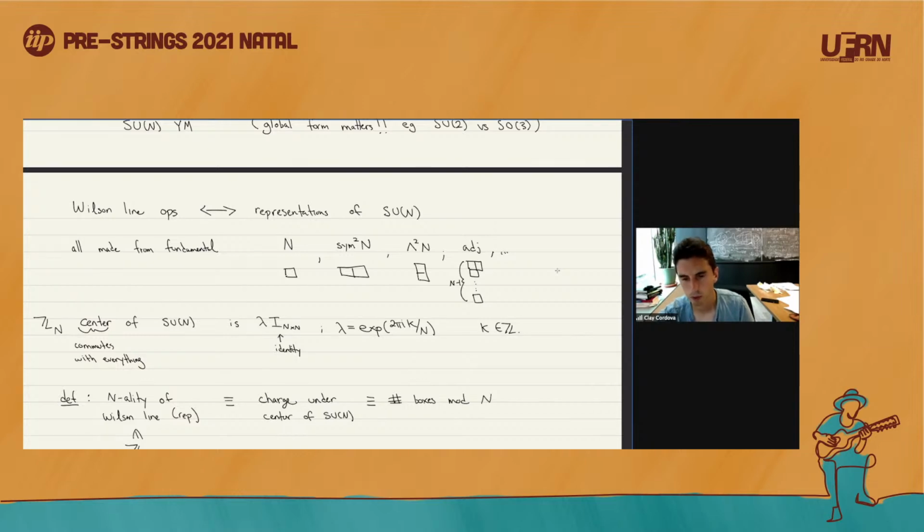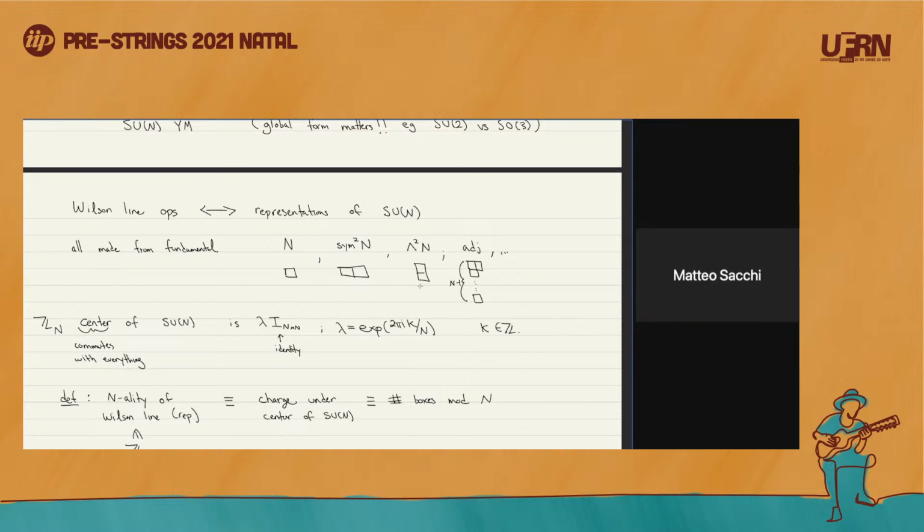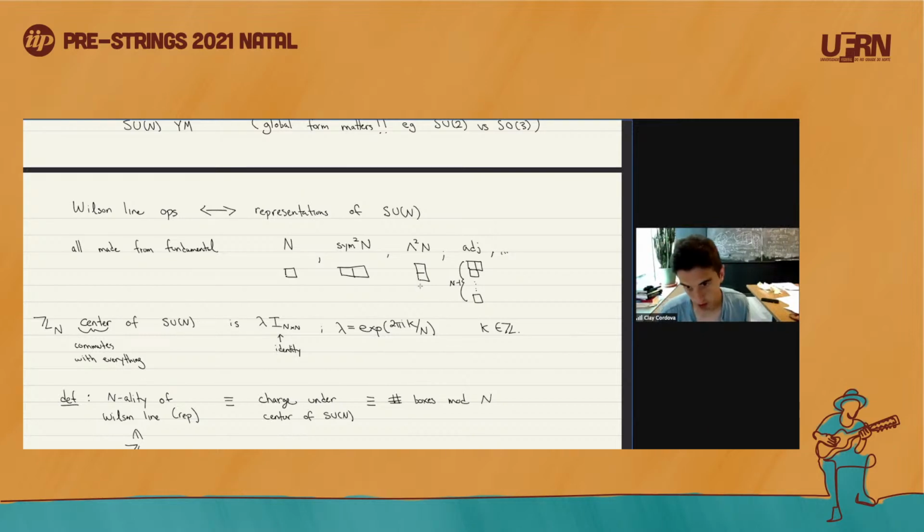So maybe that's a good topic for the discussion section, because it would take us a little while to do that group theory, but there's a completely parallel discussion to what I did here, but for the magnetic charges. Okay, sure, thank you. Yeah, please come to the discussion and ping me about it, and I'll explain it in detail.